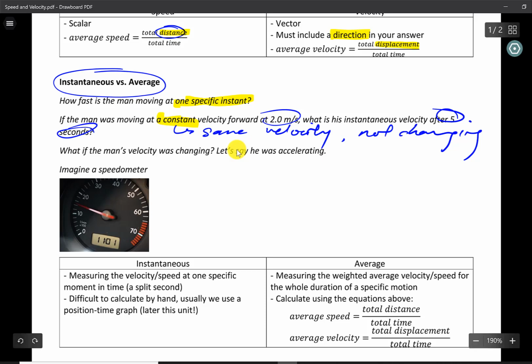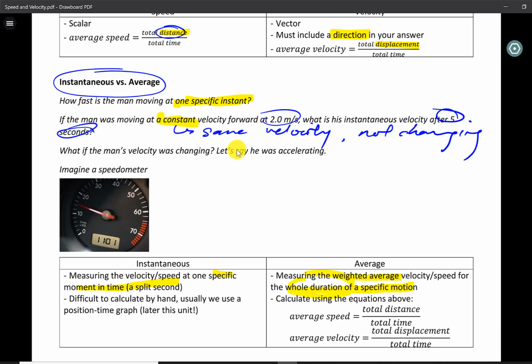Now, what does that mean in comparison to what we call the average velocity? What if we wanted to find the average velocity? As opposed to finding the velocity at a specific moment or a split second in time, the average is looking at the weighted average for a specific motion. It's the whole duration of that specific motion.